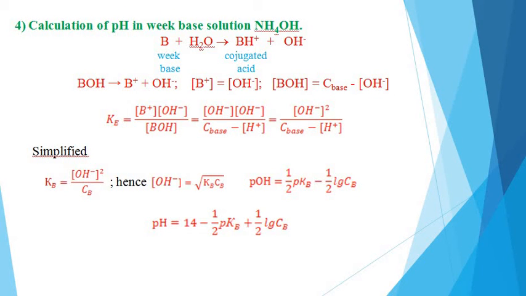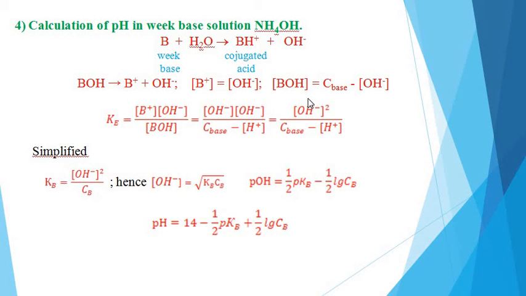The fourth is the calculation of the pH in a weak base solution, for example for ammonium hydroxide. There is an equation of the reaction of a weak base with water. In this case B is a weak base, BH positive is its conjugated acid, OH is the conjugated base, and this is the decomposition reaction of the weak base solution.